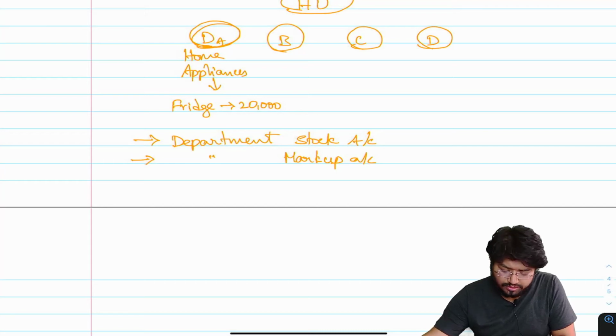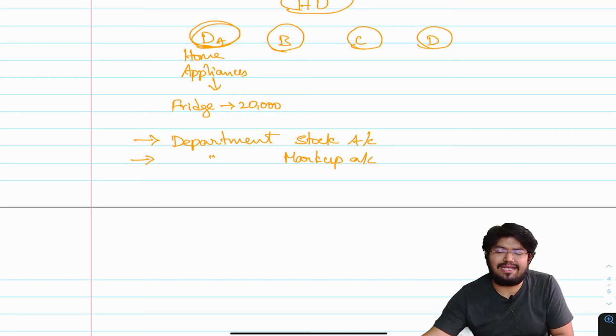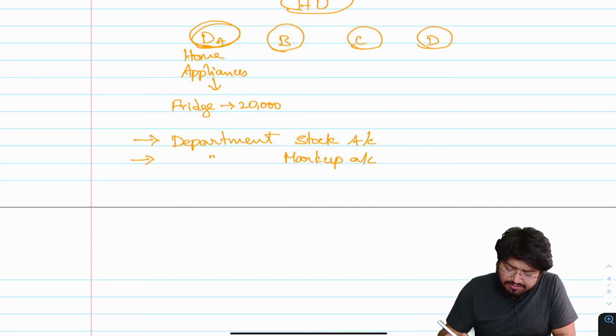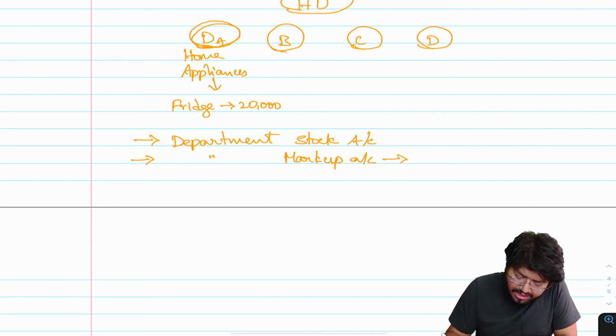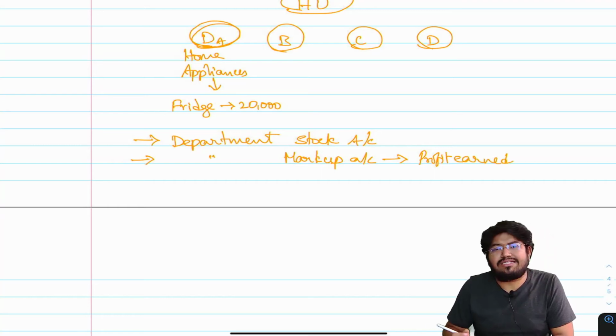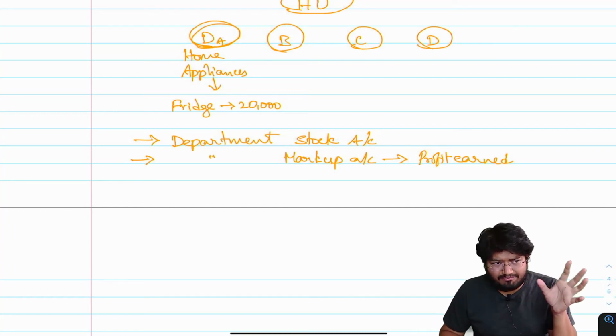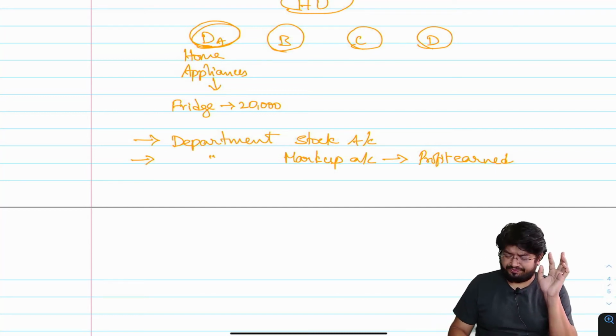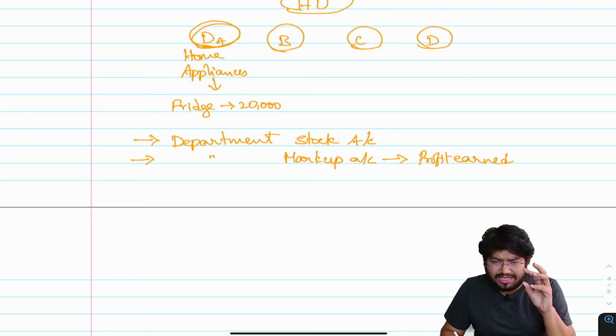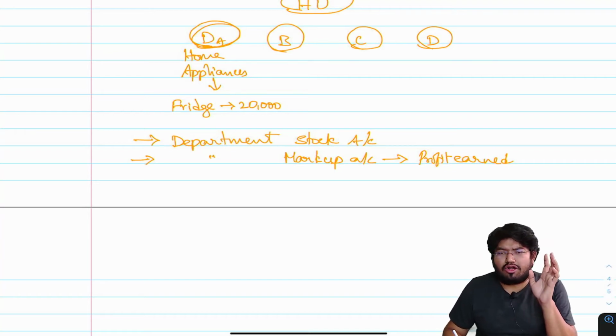Because to record various purchases and sales of stock, I'll have to use these two accounts only. This markup account is used for calculating profit earned from each department, whereas the stock account is to record the movement in stock. That's all. By using these two accounts, we are going to record all the transactions.